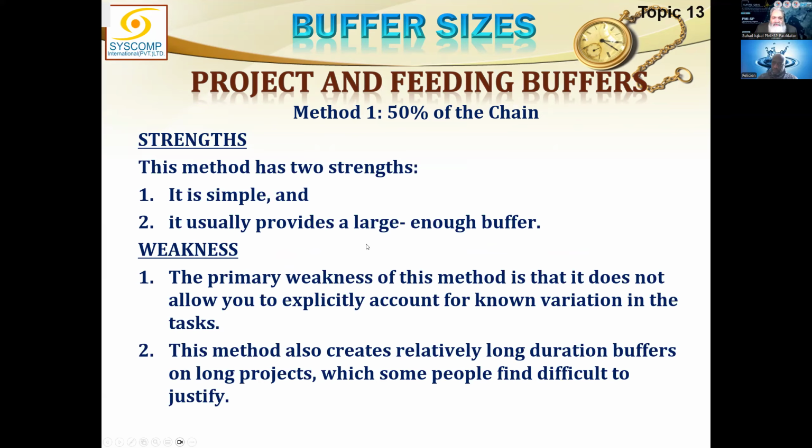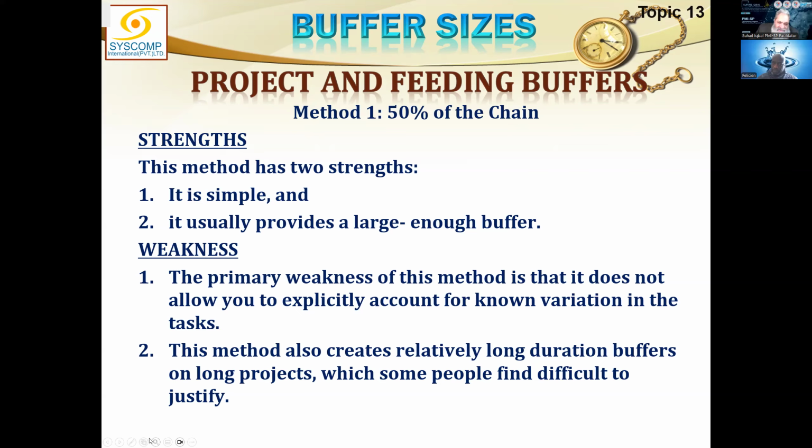It usually provides a large enough buffer. Means almost half the duration of the project is in the buffer. Although it looks unrealistic, this is very controlling, a very good control. But the primary weakness of this method is that it does not allow you to explicitly account for known variations in the task. It is just an arbitrary method, right?